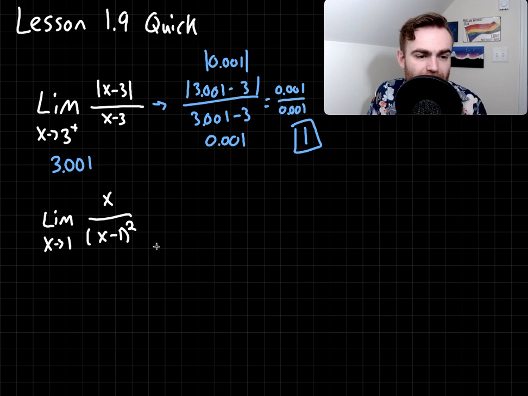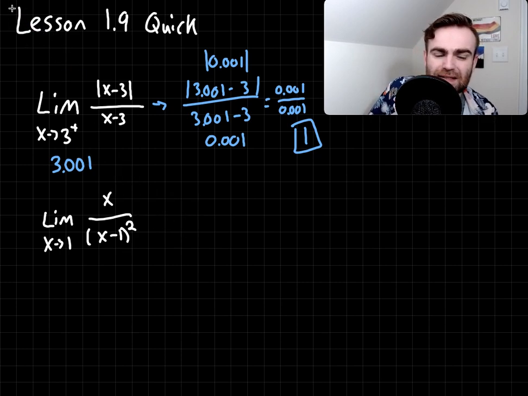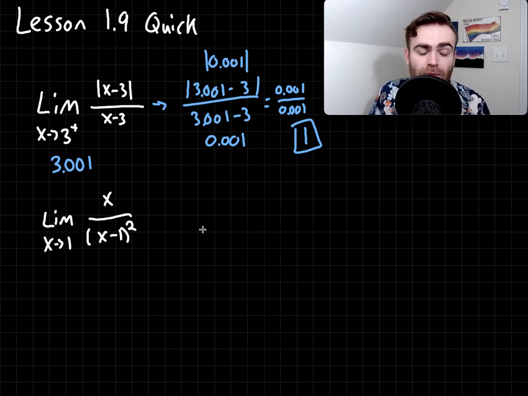What if we have something a little weird like this? Well, if I plug in 1, I get 1 over 0 squared. That's not indeterminate. And since it's not indeterminate, there's not much we can really do to manipulate it to be something useful. But what I can do is something similar to this.